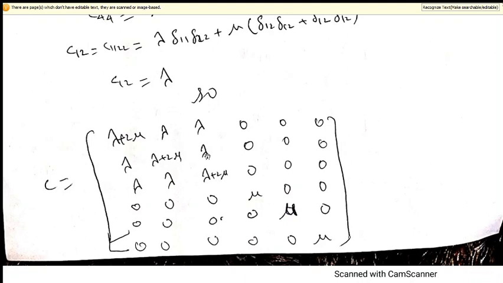So you can see that here there are only two independent elasticity constants, lambda and mu. If you have lambda and mu, you can build this matrix C with the help of these two numbers. These constants are basically called Lame's constants.